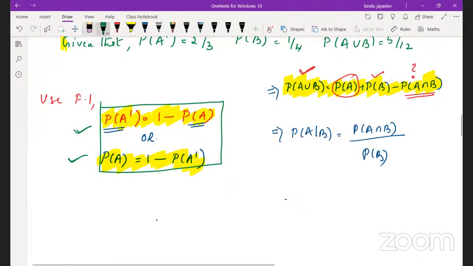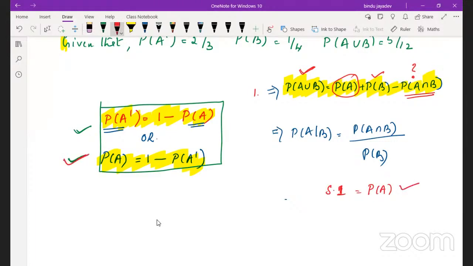Now see, I will tell you the steps. This is your first question, and there are two steps. Step 1: what do you want to find? Find P of A. How do you find P of A?